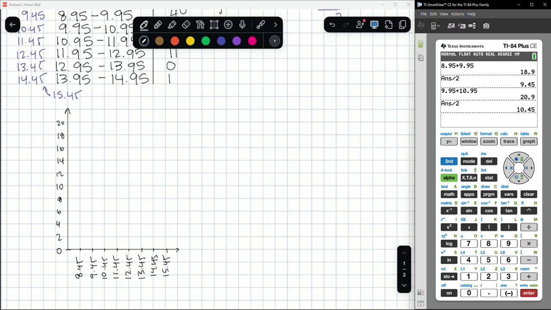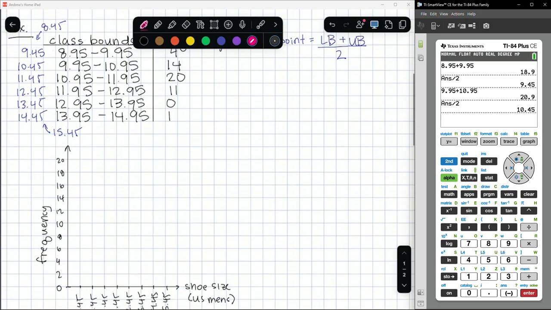And then we remember we label our axes, so frequency is on the Y, and shoe size is on the X. So different color, I'm going to start drawing these dots.